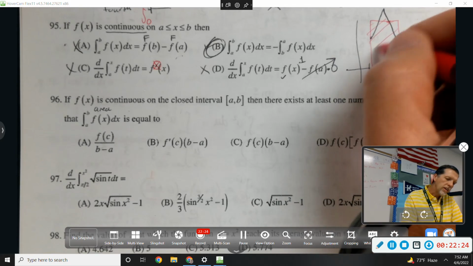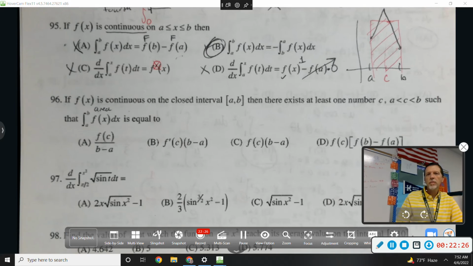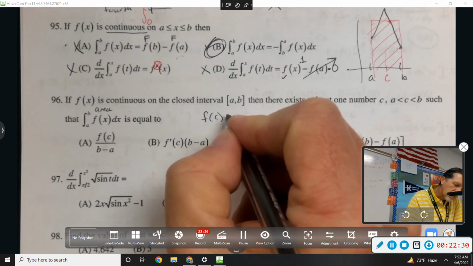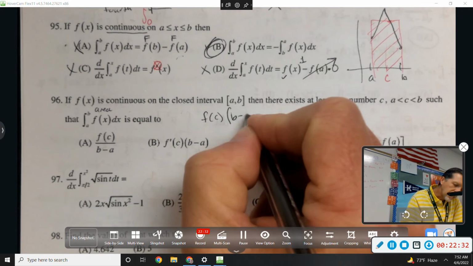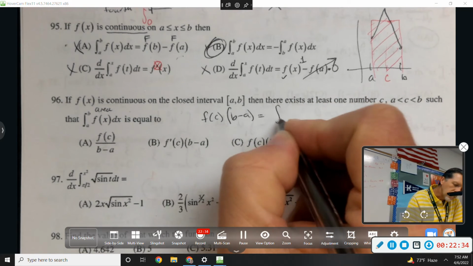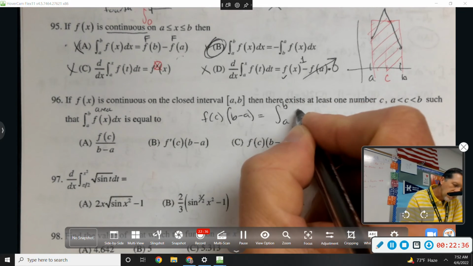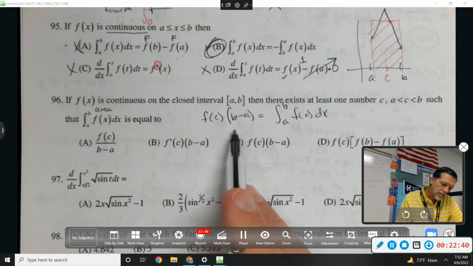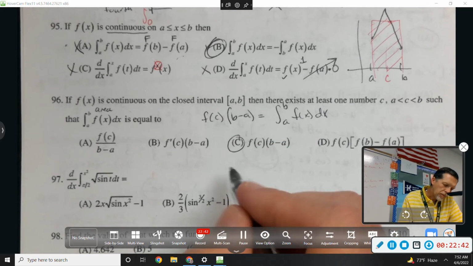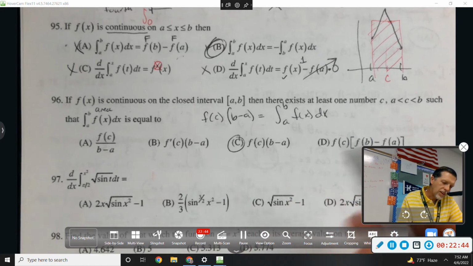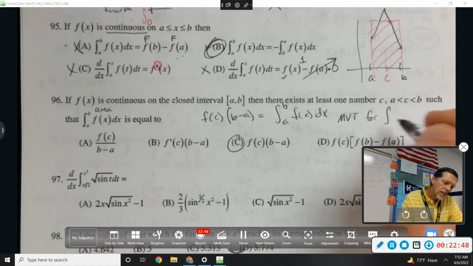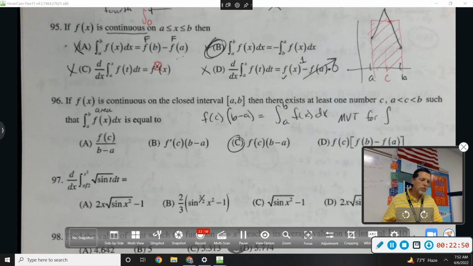This is the area equals area thing. So f of c times b minus a is supposed to equal that area. In fact, there's my answer. That's the MVT for integrals. That area equals area.